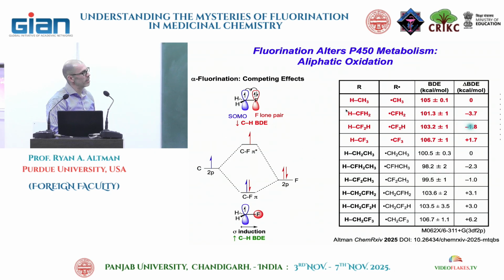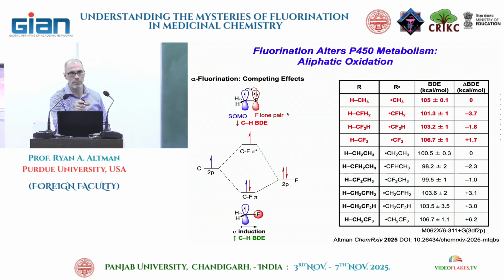When we put on the second fluorine atom, so here we have CF2H, we get a little bit stronger relative to the monofluoro, but still ultimately a weaker CH bond than the methyl itself. When we put on the third fluorine atom, that's where we start to see the inductive effect outcompeting the hyperconjugative effect, and so that's where we actually see an increase in the bond dissociation energy. So you have these competing effects that we need to think about.